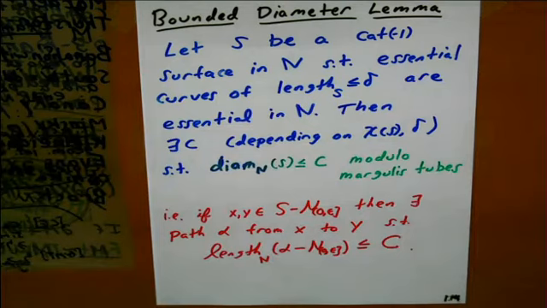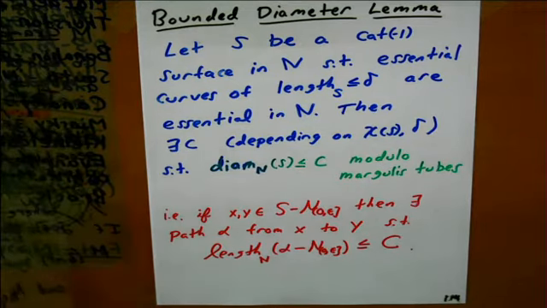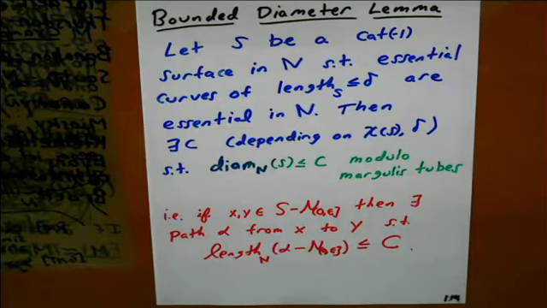So I mentioned this word CAT(-1) surfaces, and Dick talked about it in his lecture. There are various more or less equivalent ways, for the purposes at hand, to think about surfaces in 3-manifolds which have intrinsic curvature less than or equal to -1.